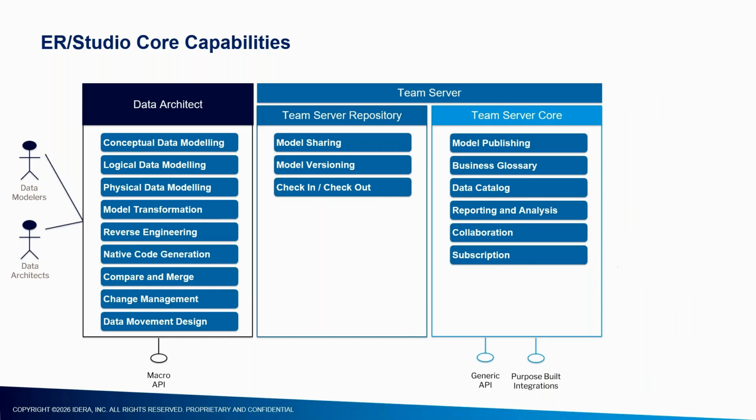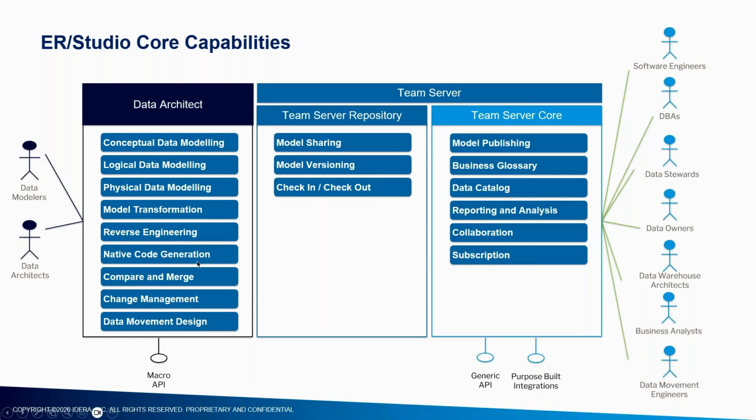ERStudio does also provide a couple of, should we call them, back-end services, which are very important when you're working in more of a team environment. So we have a Team Server repository, which enables us to have multiple people working on the data models. They can share them effectively. It will do version control of the models and so on. And then the final part on the right is really an extension to the repository that we call Team Server Core.